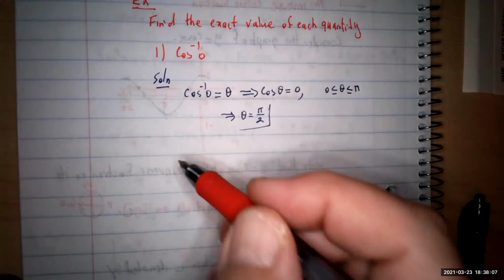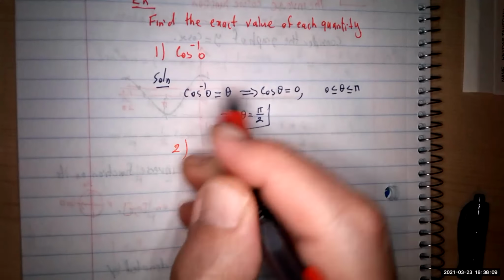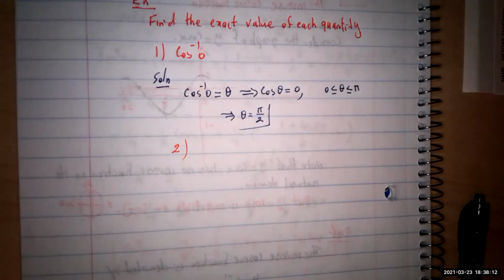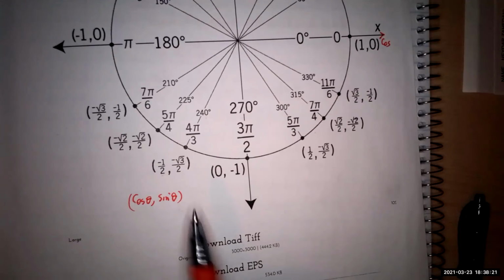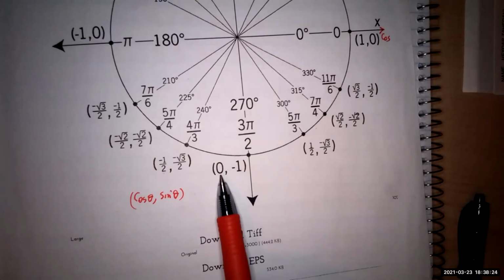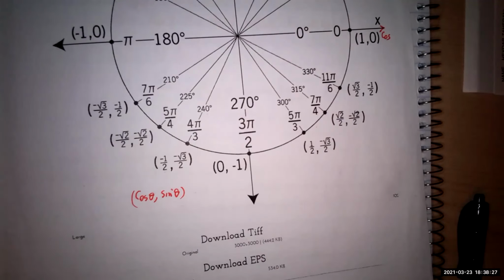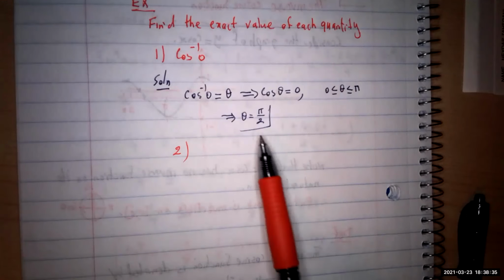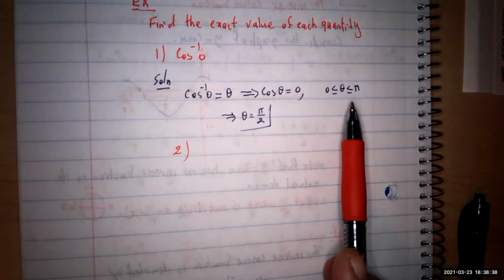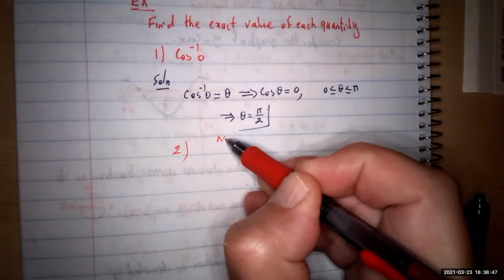If it's going to be a negative number, it's going to be tricky sometimes, so you've got to be careful. The cosine of the 3 pi half is also 0, and the cosine of the negative pi half is also 0. But remember, your theta must be between 0 and pi. Besides, you have to have only one solution.